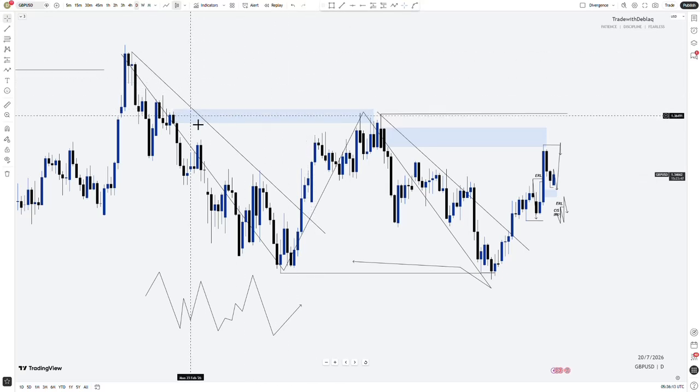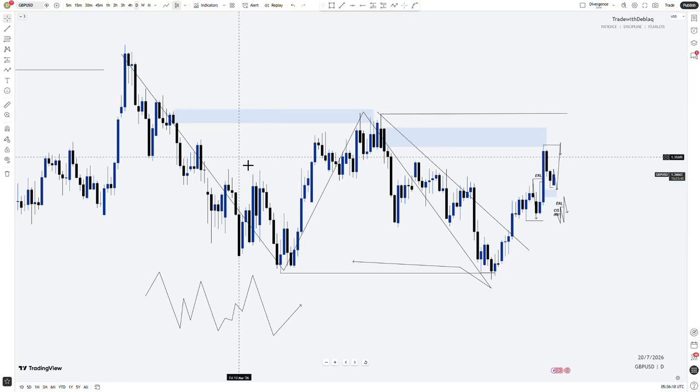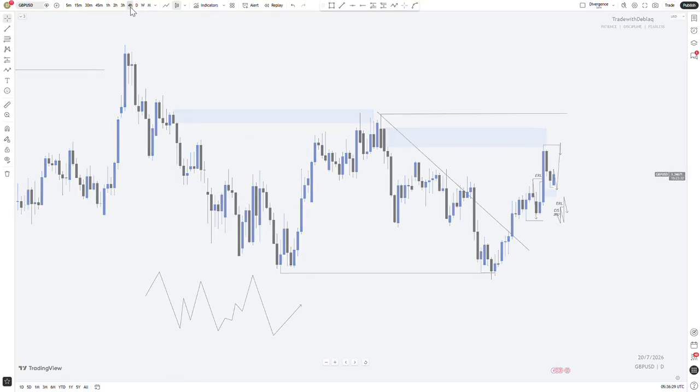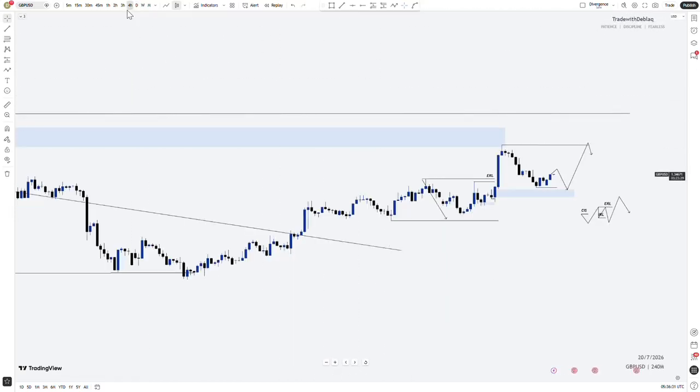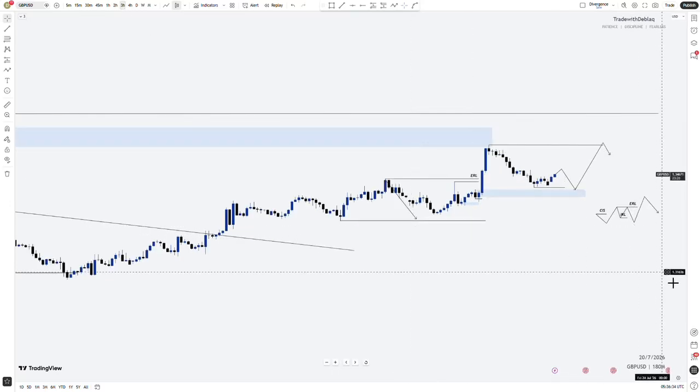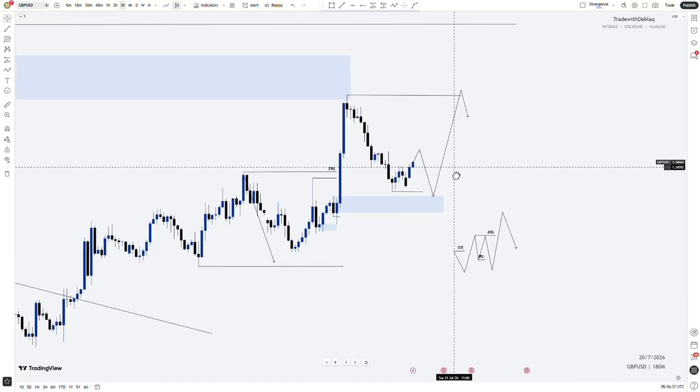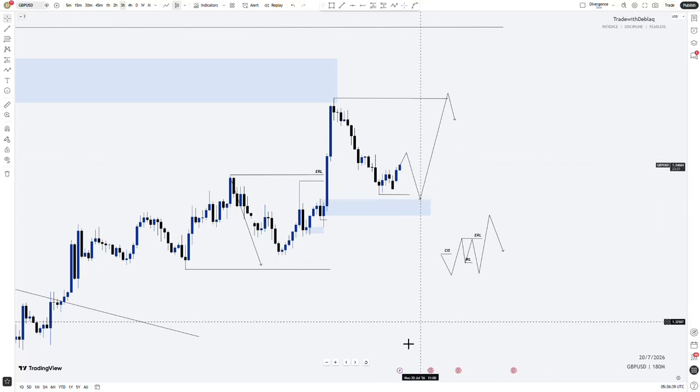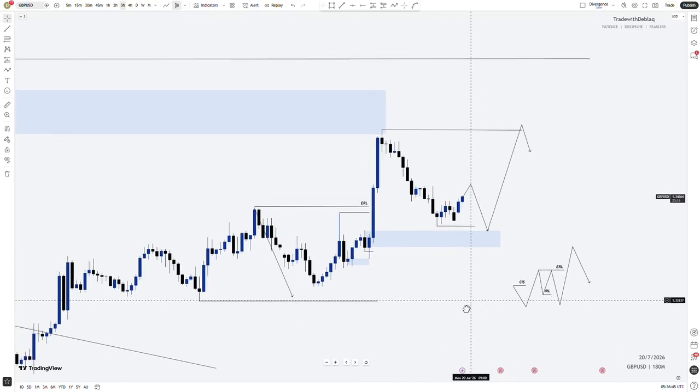So alright, let me clear all this. And that's that for that, guys. So from the 3 hours, I'll be waiting for price to get to this zone, because this is very clean, right?